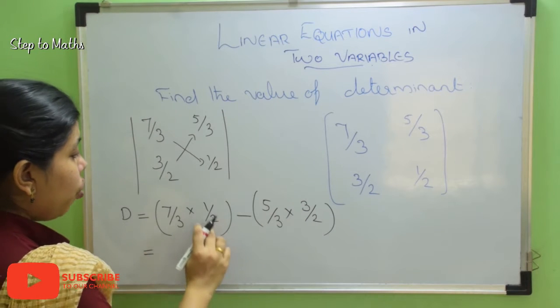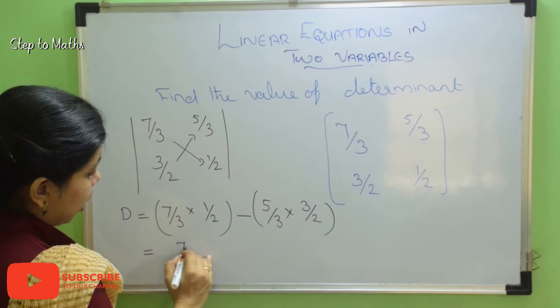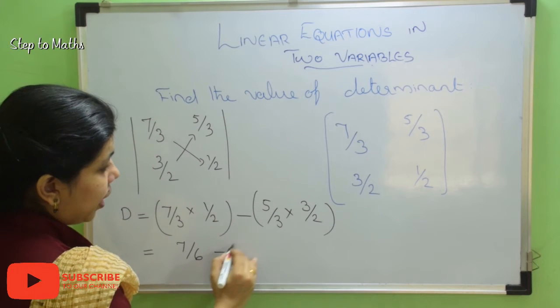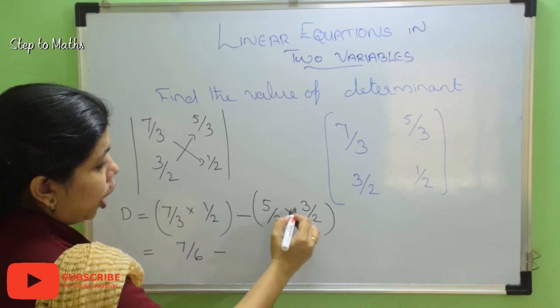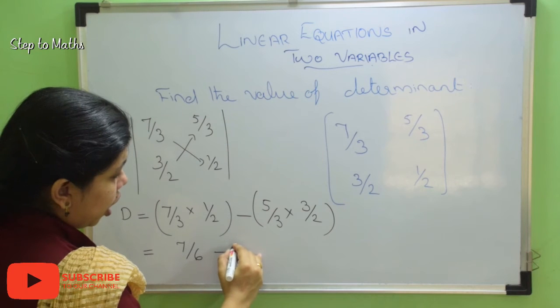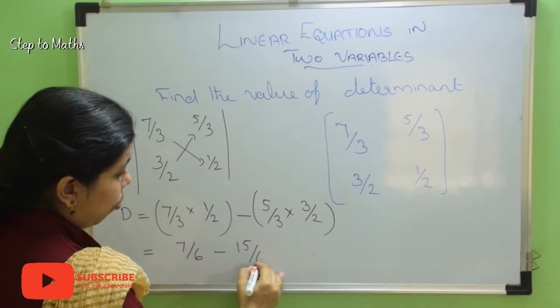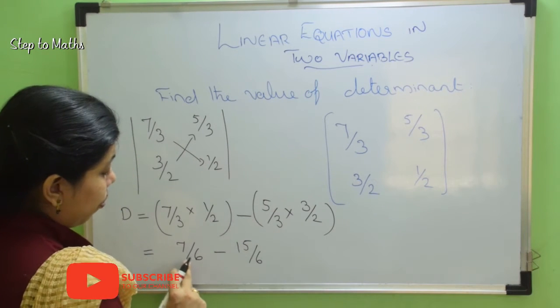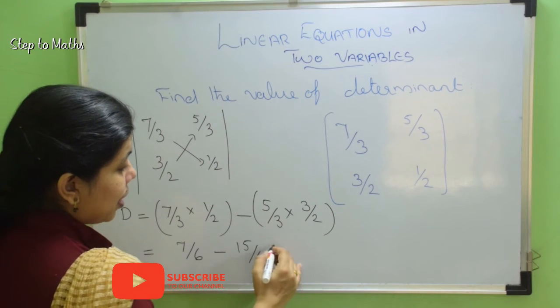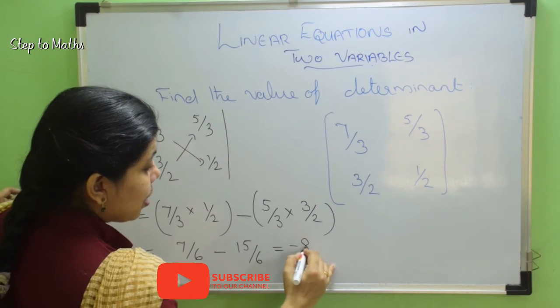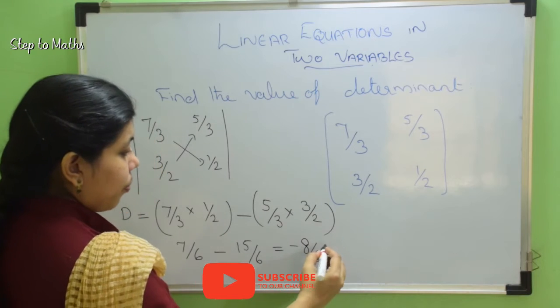7 upon 3 into 1 upon 2 is 7 upon 6, minus 5 upon 3 into 3 upon 2 is 15 upon 6. 7 upon 6 minus 15 upon 6 is equal to minus 8 upon 6.